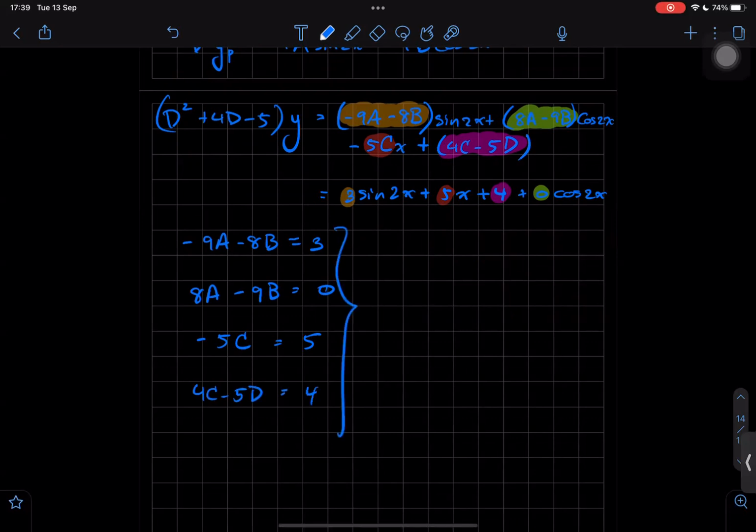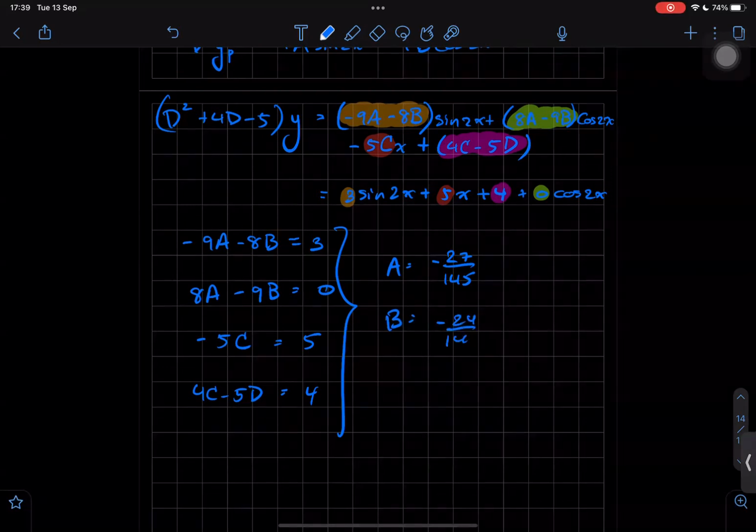From this, you get a equal to minus 27 over 145, b equal to minus 24 over 145, c is equal to minus 1, and d is equal to minus 8 over 5.